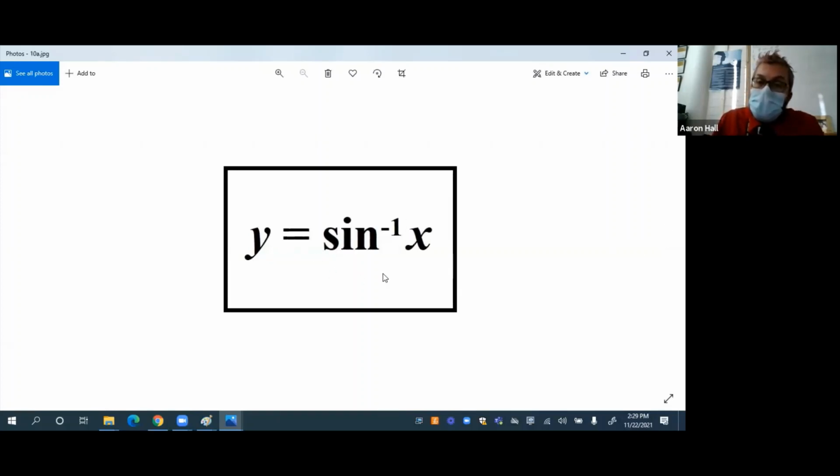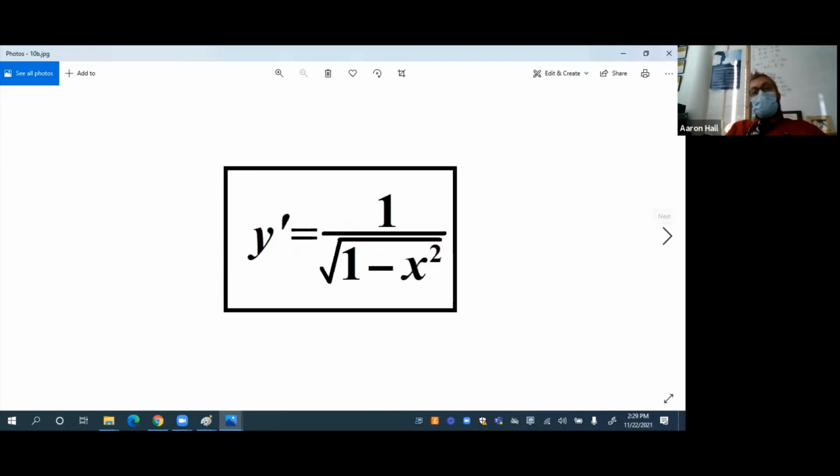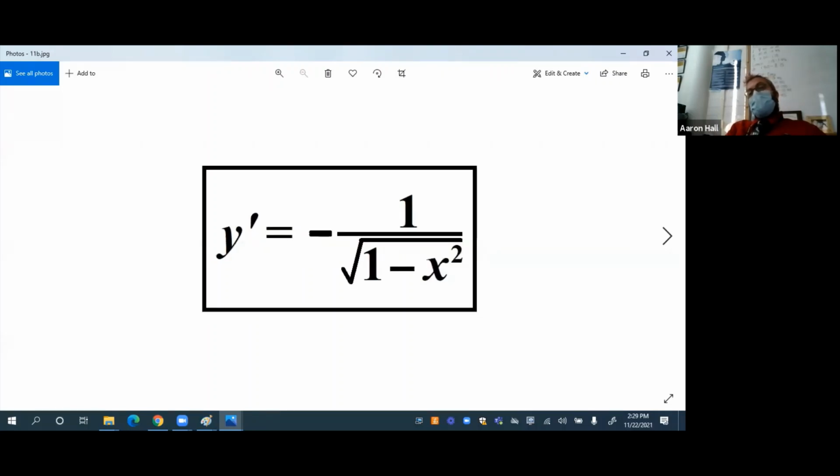Oh, here we get into some complicated ones because these are inverses. We have to know all 6 of these. What is the derivative of the inverse of sine? Nice. What is the derivative of the inverse of cosine? Nice.